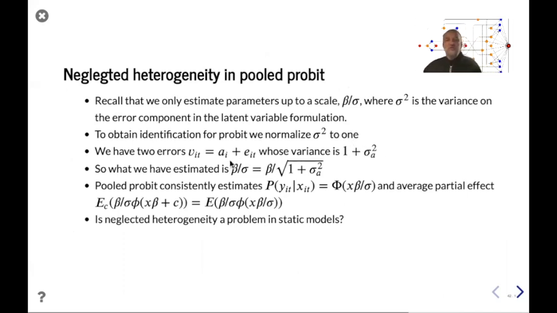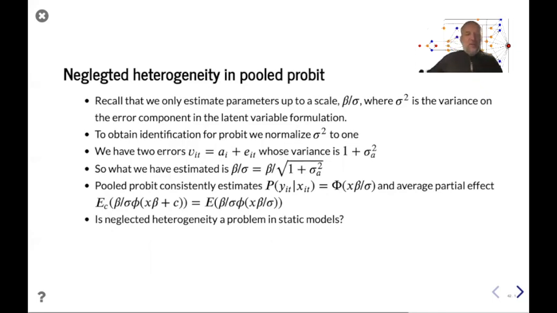So what we have really estimated is not beta, the parameter we're looking for, one of the coefficients. It's that parameter divided by the joint standard deviation, which is no longer 1. This is why, as we increase the variance, these parameter estimates are going to be smaller and smaller.